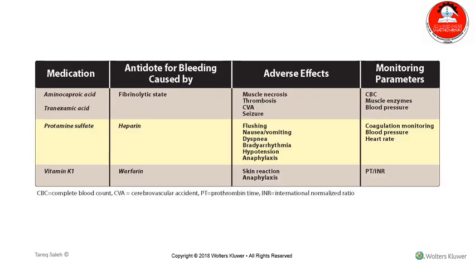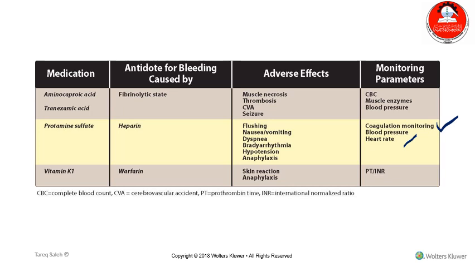Finally, this table summarizes the medications that we've just discussed, their main use in the clinic, what they are antidotes for, their major adverse effects, and which blood components you need to monitor while giving them. Like, for example, if you want to use protamine sulfate to treat heparin associated bleeding, you will be required to monitor vital signs as well as to look at certain levels of coagulation or bleeding times.